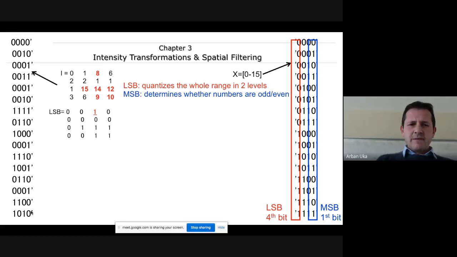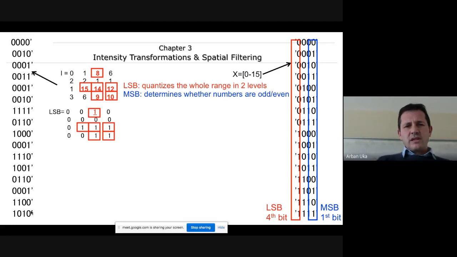So this least significant bit would represent, if we write just the fourth bit information, this is what happens, okay? We quantize the whole pixel intensity. We put a threshold saying anything larger than 7, count it as white. Anything smaller than 7, count it as dark, okay? Now, this is the fourth bit, the least significant bit.